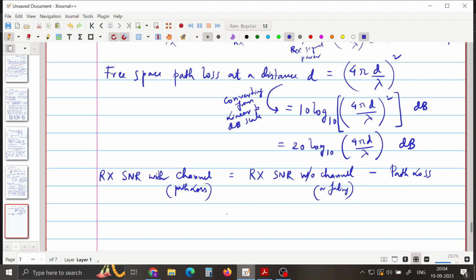So this is equal to 80 dB. 80 dB was the case without fading, the received SNR given in the question.